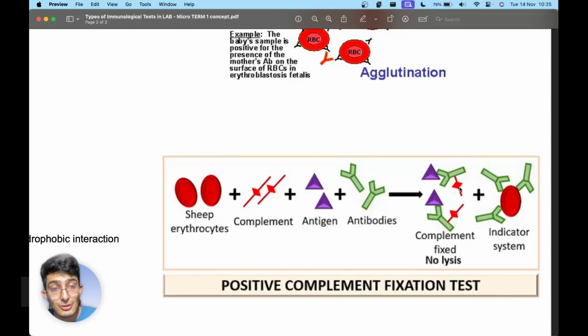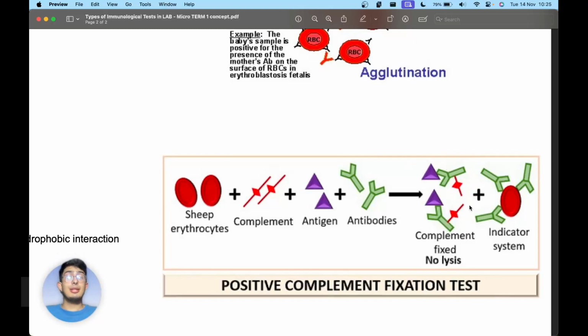It can't go away from this antigen-antibody complex. After that, if we add sheep's blood or any RBC to this test tube, the RBC will not get destroyed, because even though the complement is there, it can't attack this RBC as it is already fixed with the antigen-antibody complex.